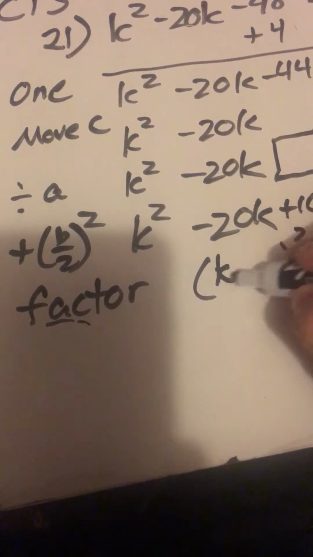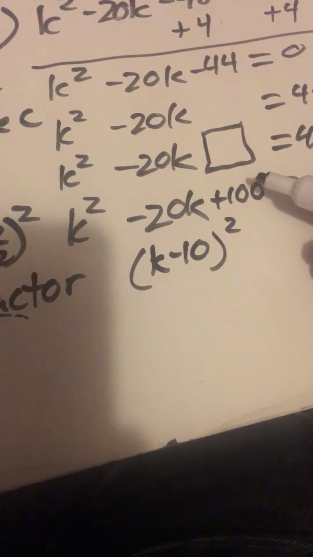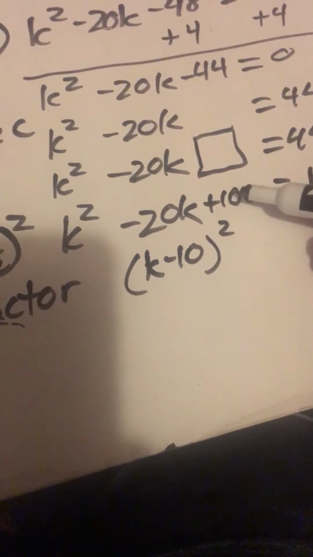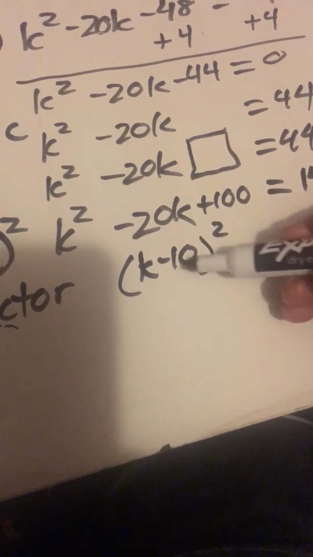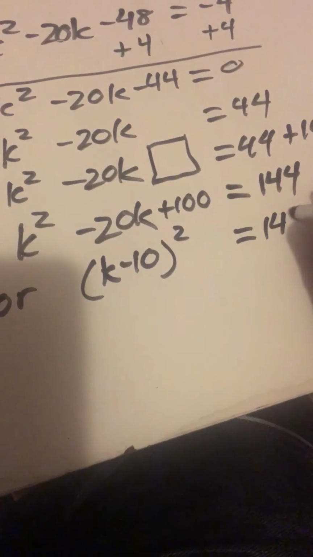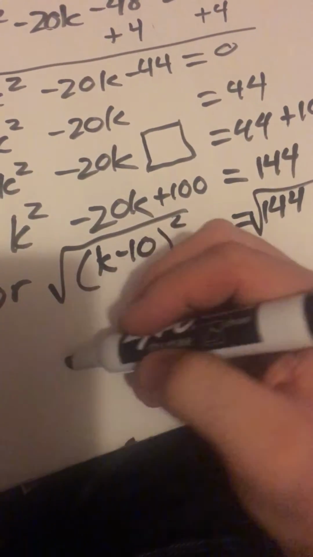So I take k minus 10. You can also look at it like basic factoring, like what we did in 5-14. What are my factors? If I multiply, I get 100. If I combine, I get negative 20, and that's negative 10. Equals 144. Now, I take the square root of both sides.